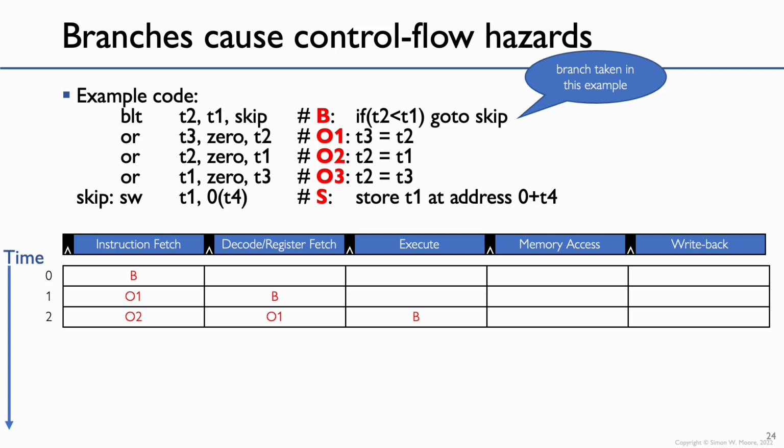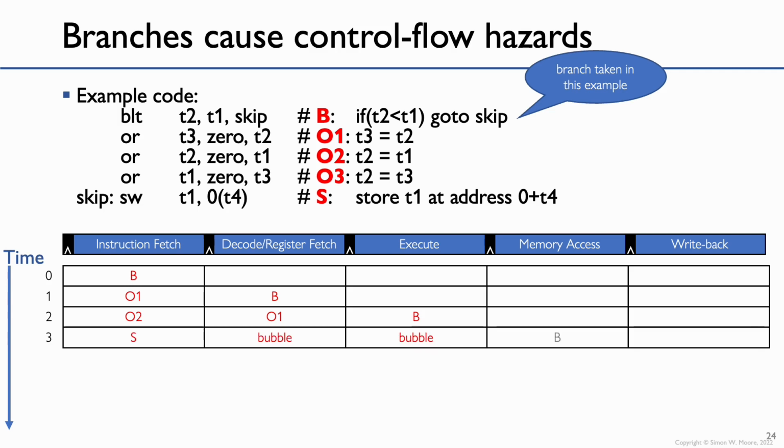Branch gets to execute, and at this point the branch causes the S value to be fetched on the next clock cycle, because we will have actually in execute sent the control signals and the branch offset to the branch unit. So the branch unit now knows that it needs to do a branch.